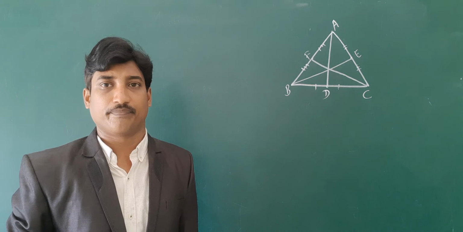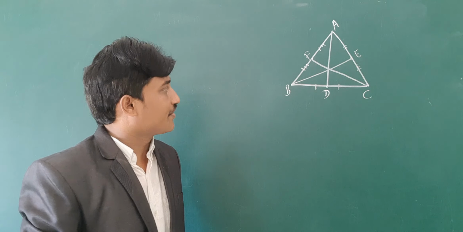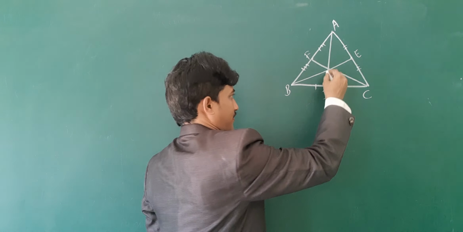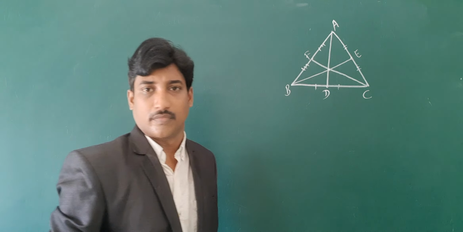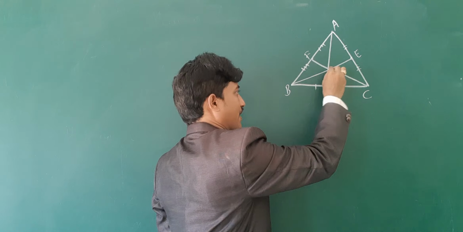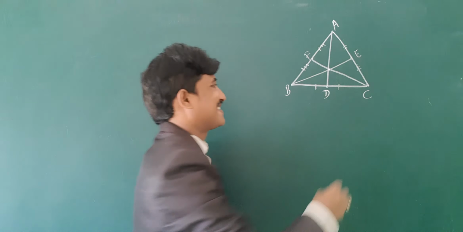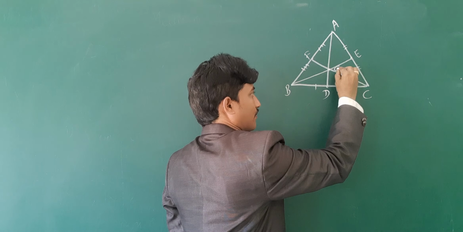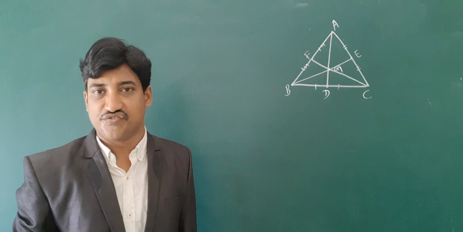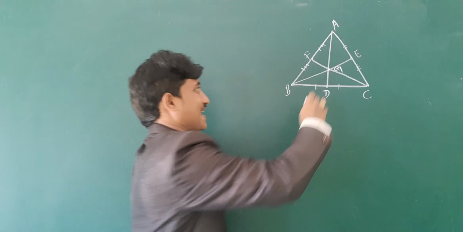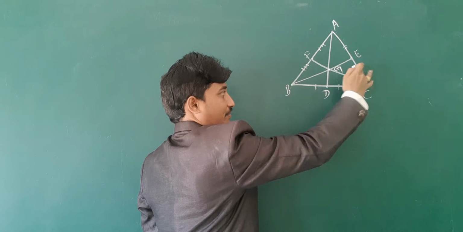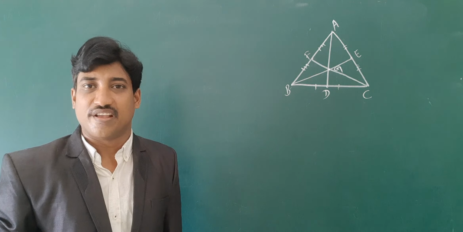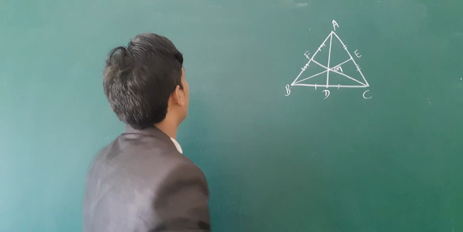We can observe that the medians are concurrent. This point of concurrence of medians is called the centroid. Generally we denote it with G. The intersecting point of medians is called the centroid.